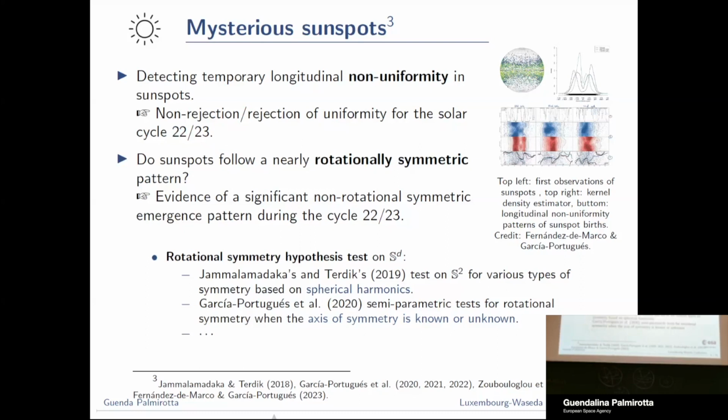So you can see there are a lot of applications where you can use hypothesis testing. The question one can ask is maybe about different solar dynamics across cycles. Here it was only tested for 22 and 23. Maybe we need to test also other cycles and see over the years, a deep study of sunspots.